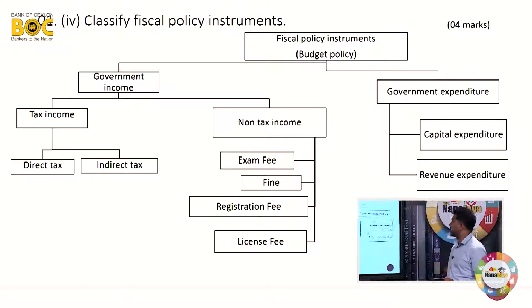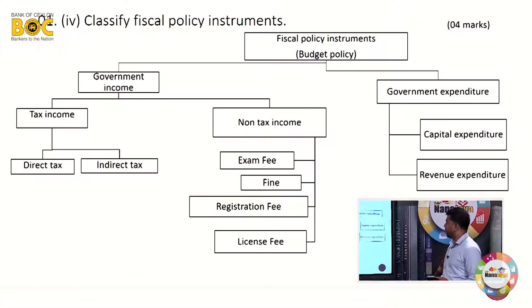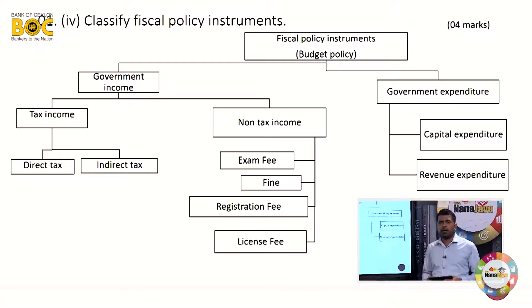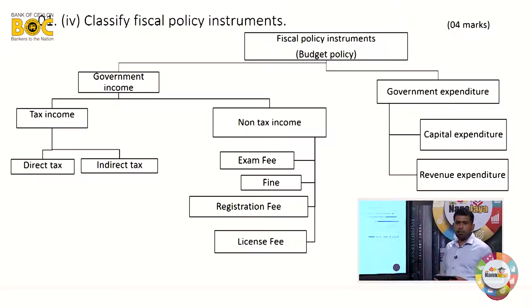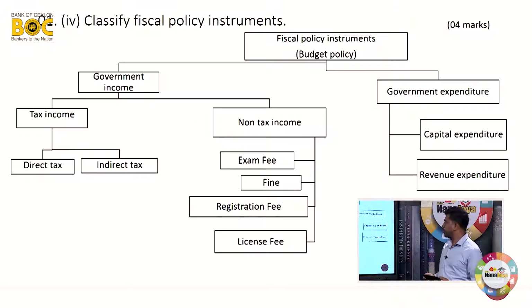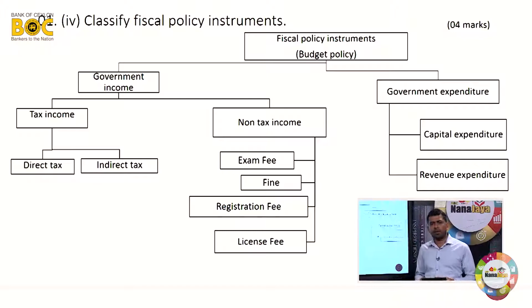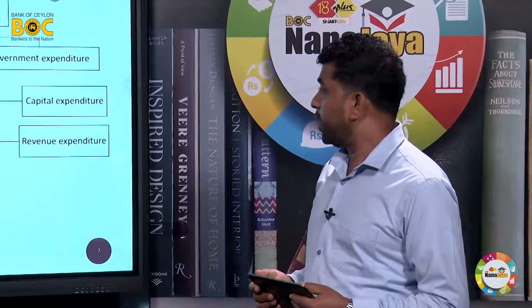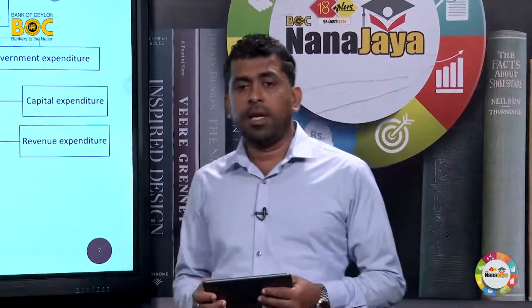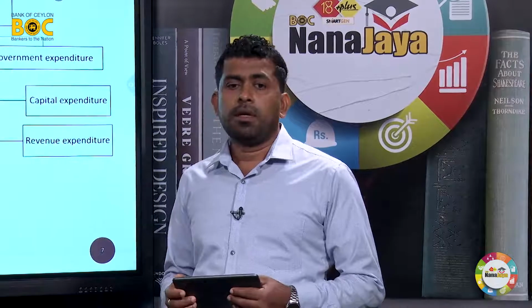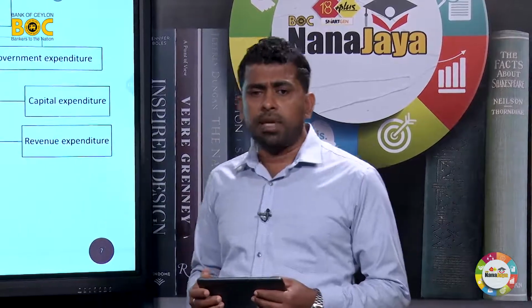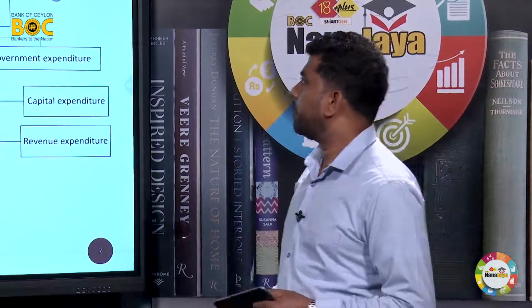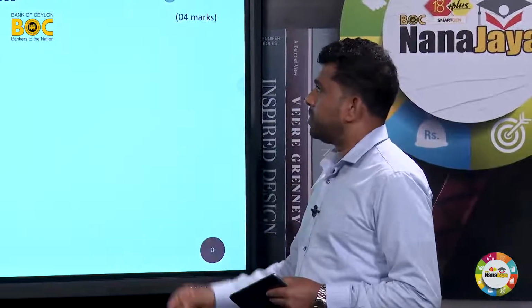Government expenditure we can divide again into two parts as recurrent expenditure and capital expenditure. Recurrent expenditure means expenses incurred by the government to carry out day-to-day government activities, and capital expenditure means expenses incurred for long-term development projects.